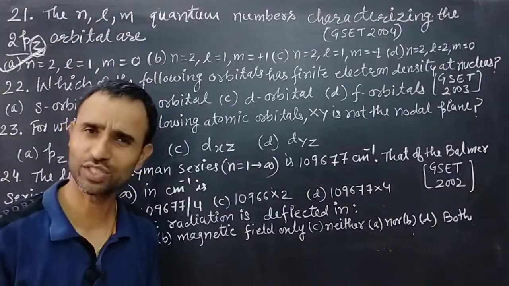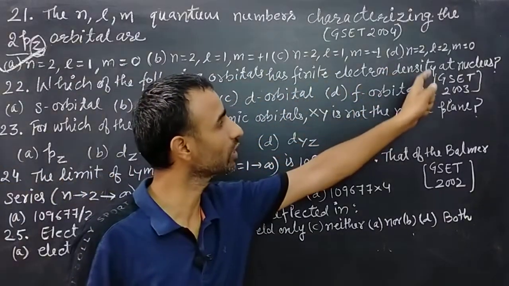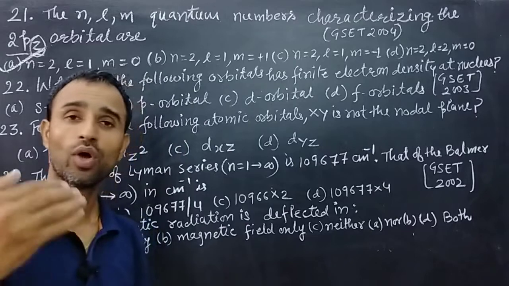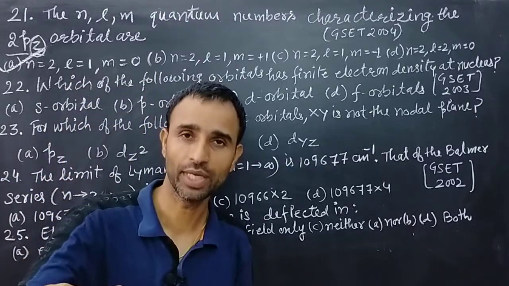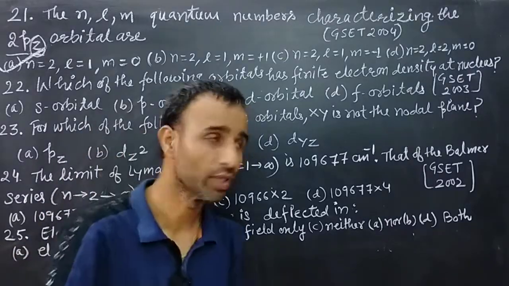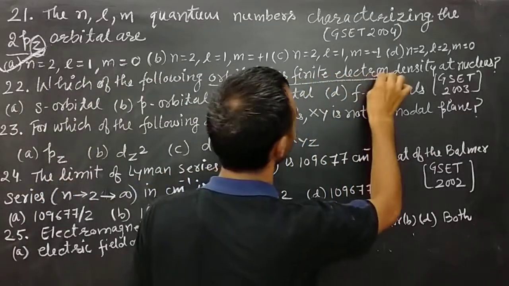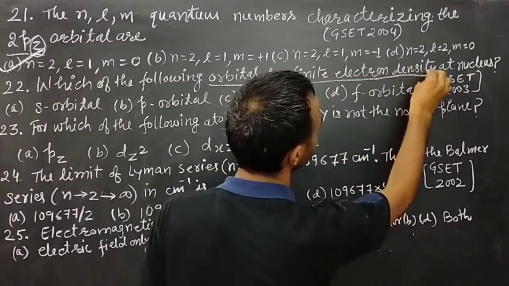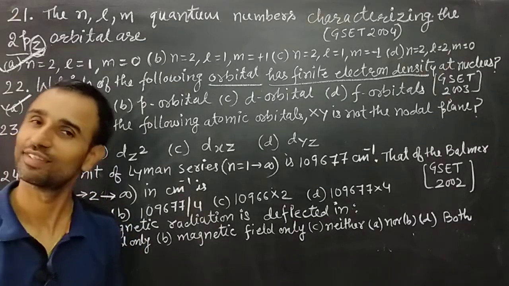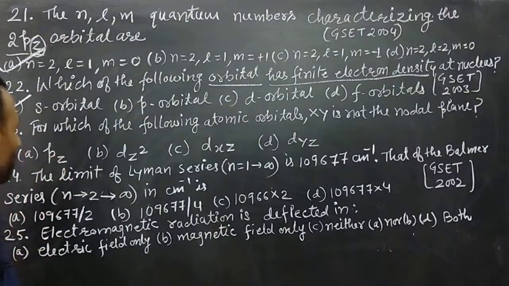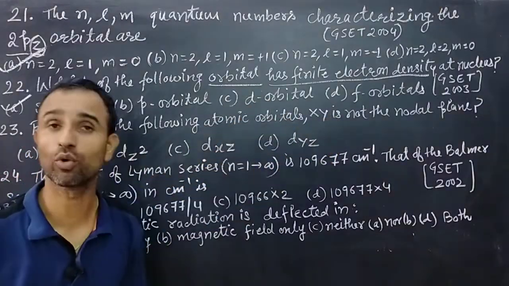Right? Very easy question. Next, which of the following orbitals has finite electron density at the nucleus? You know, S orbital is closest to the nucleus, then come P, then D, and then F. That means the orbital which has finite electron density at the nucleus is obviously S orbital. Option A. Okay. For which of the following atomic orbitals is XY not the nodal plane?